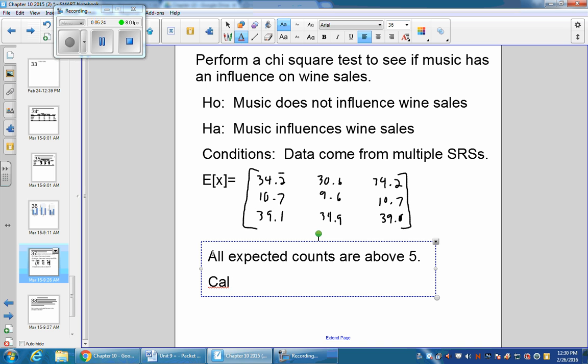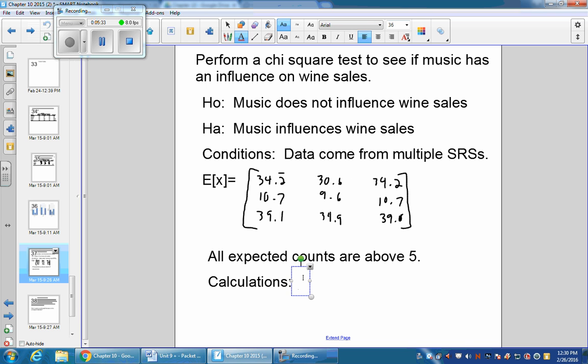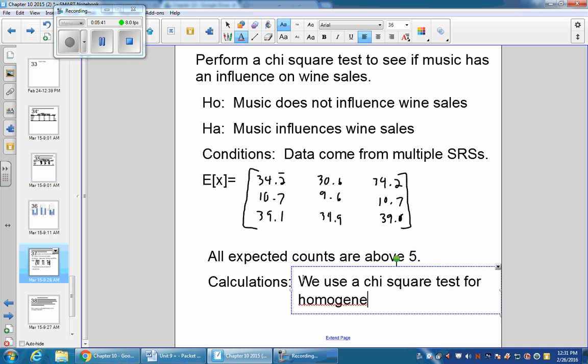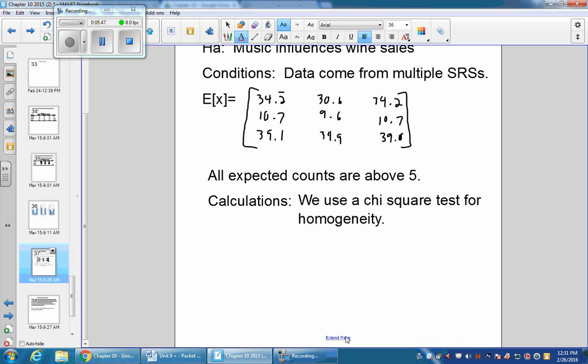Now we'll look at the calculations. We use a chi-square test for homogeneity. Start that off, making sure we know what we're doing.